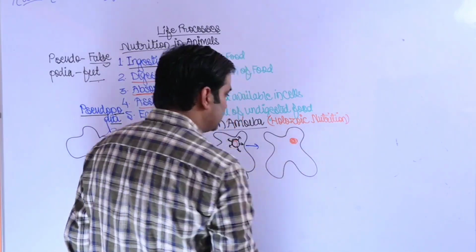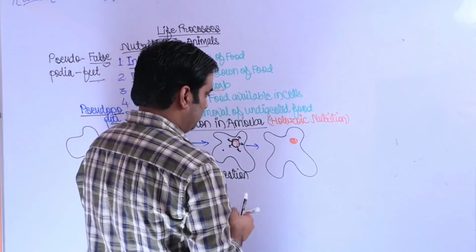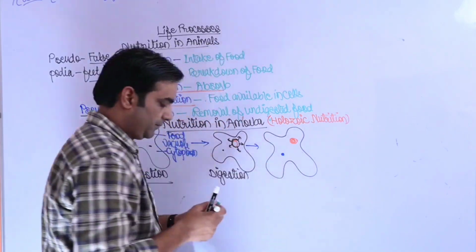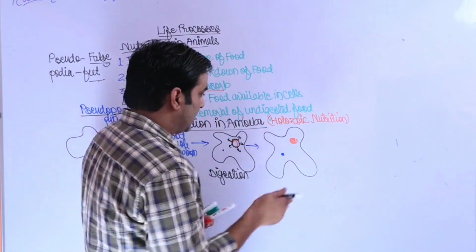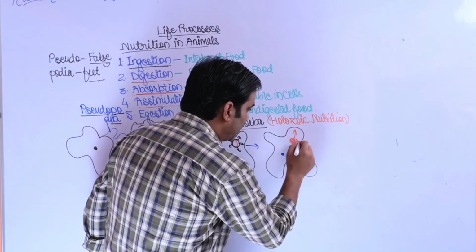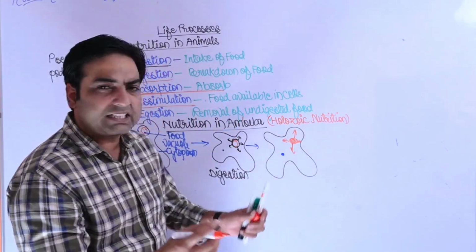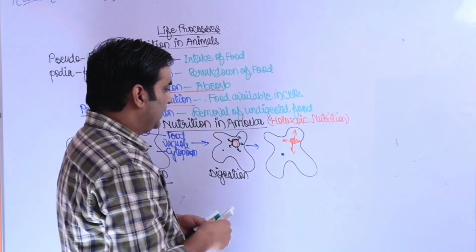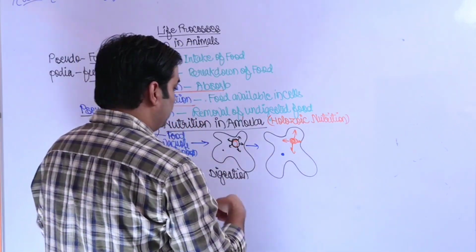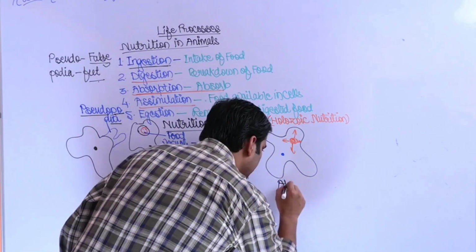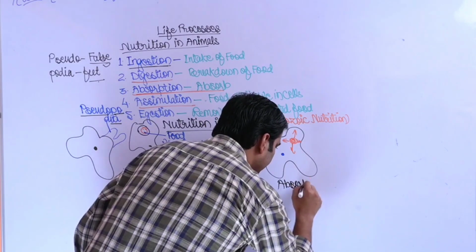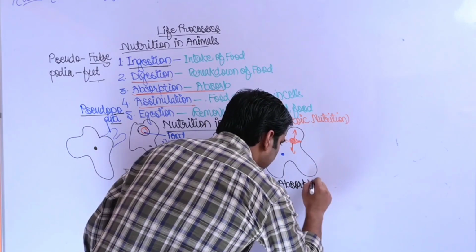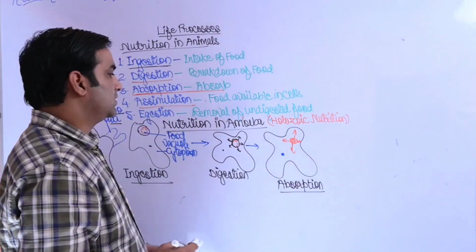Now it has been digested almost, and this will be the nucleus of this, right? So this is absorbed throughout the cytoplasm, and therefore the size is getting reduced a bit, and this is the process which we call absorption. This is the third step, absorption.